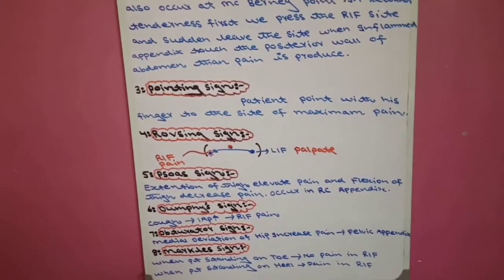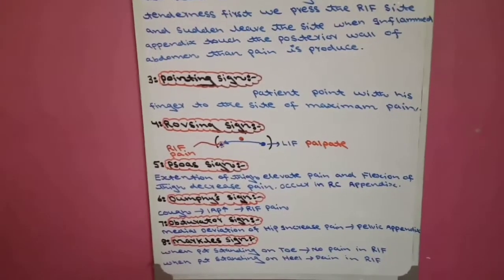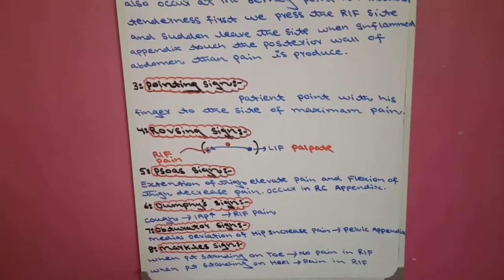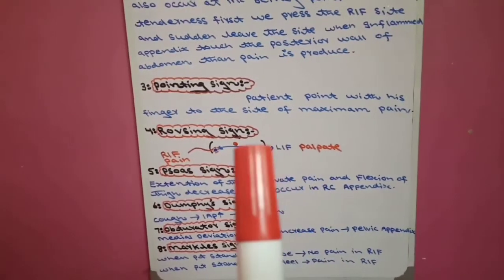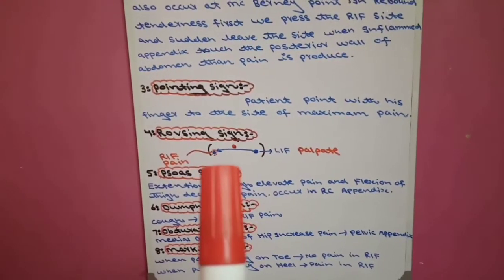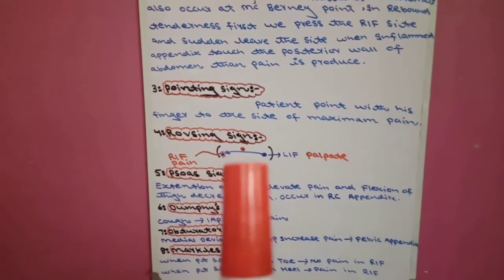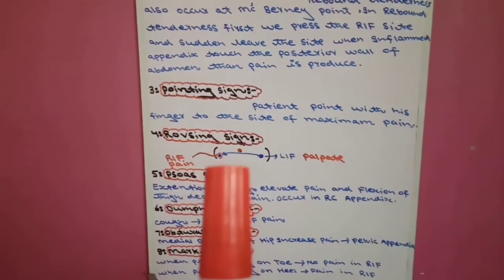To understand the mechanism, when we palpate the left iliac fossa, the organs of the left iliac fossa move toward the right iliac fossa, and these organs touch the inflamed appendix in the right iliac fossa, and as a result there will be pain. This sign is known as Rovsing sign.